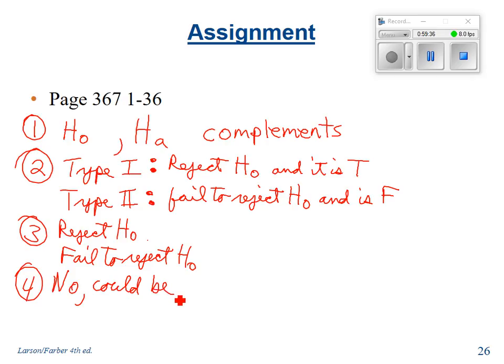A lot of times what we'll say, if we fail to reject the null, could be that there's not enough info to accept the null, the way we'll do it later on in the chapter.